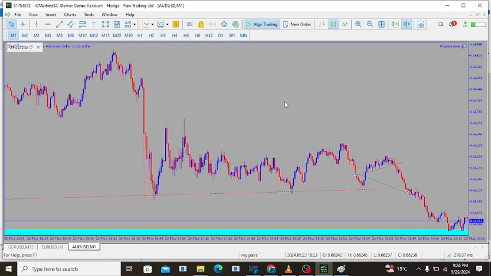No, this is so stupid, because I also saw this sweep. It was mitigated here. So I was buying around this area.